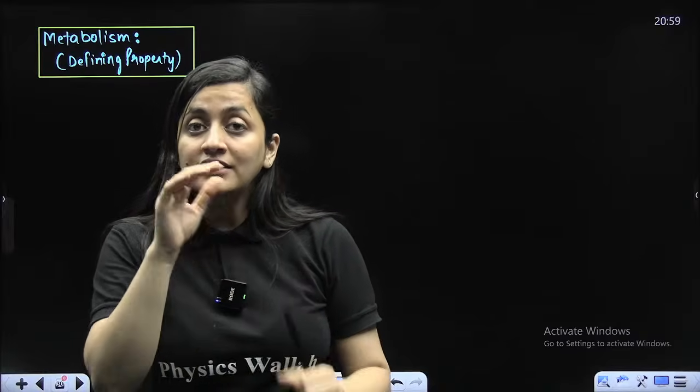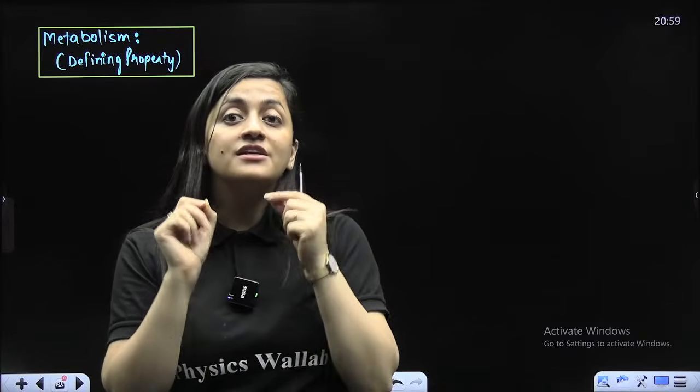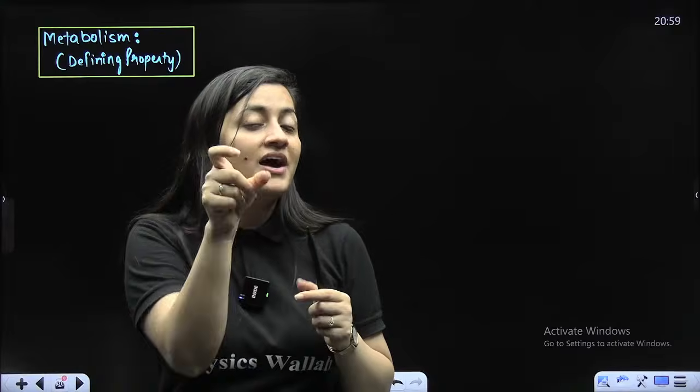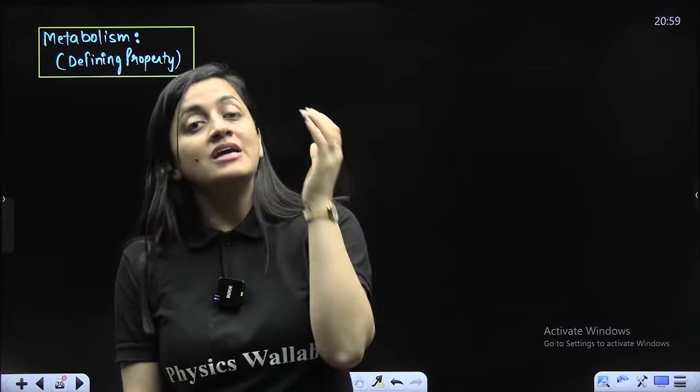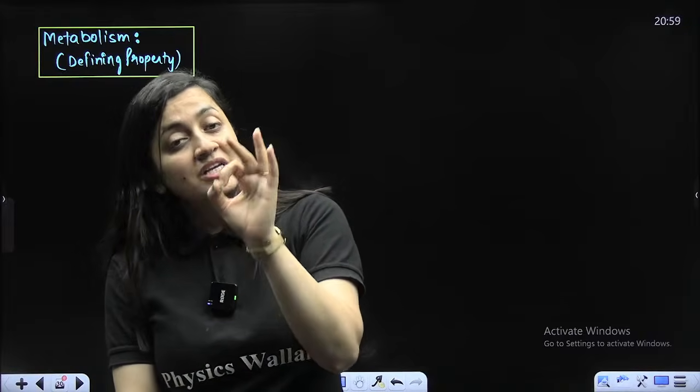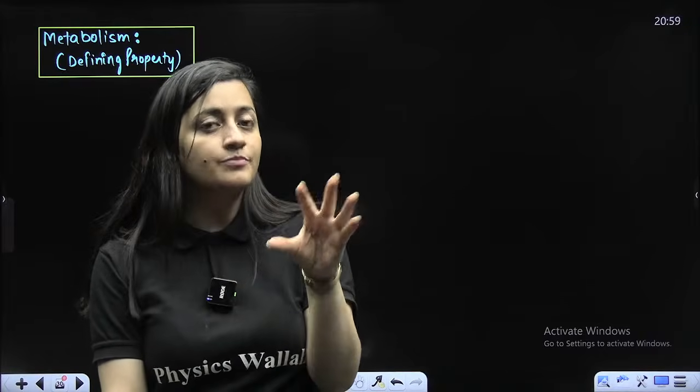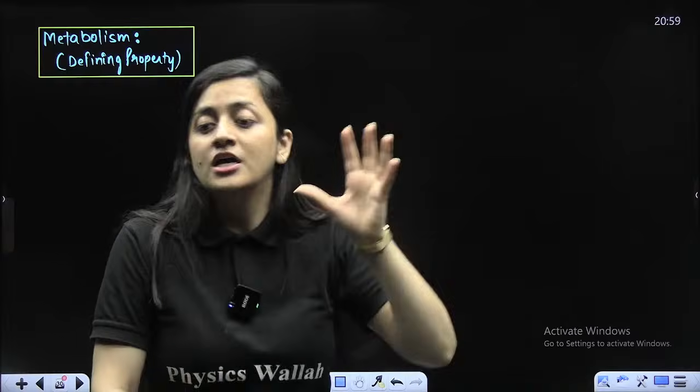Now, the other category that we are using here is defining property. When we use the word defining property, it is present in all the living beings without any exception, and it is not even shared with the non-living things.